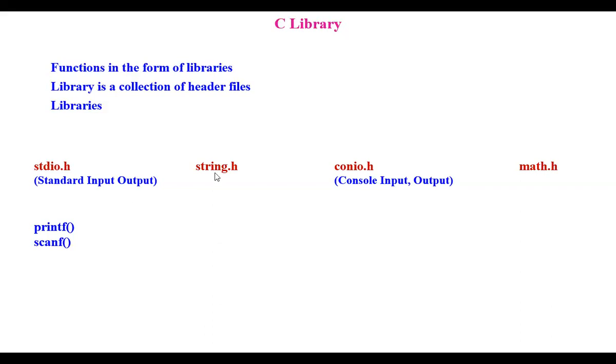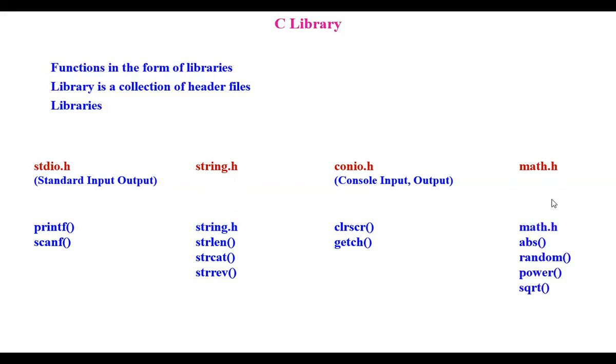Similarly, when you include string.h, functions like strlen, strcat, strrev can be used. With conio.h, we have clrscr, clear screen, and getch, get character. Similarly, the math.h file provides absolute, random, power, and square root functions.